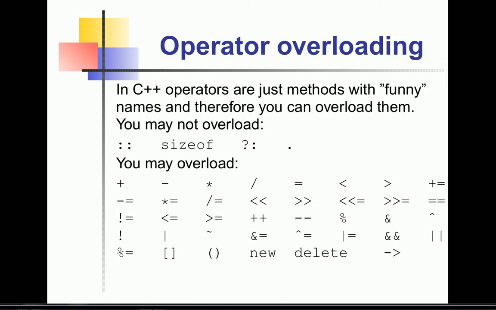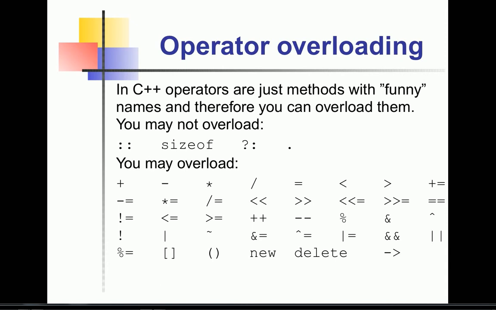There's also the possibility, which you do not have in Java, to overload operators. Operators in C++ are just methods with funny names, and you can overload them. There are some exceptions. You may not overload the namespace operator, double colon.